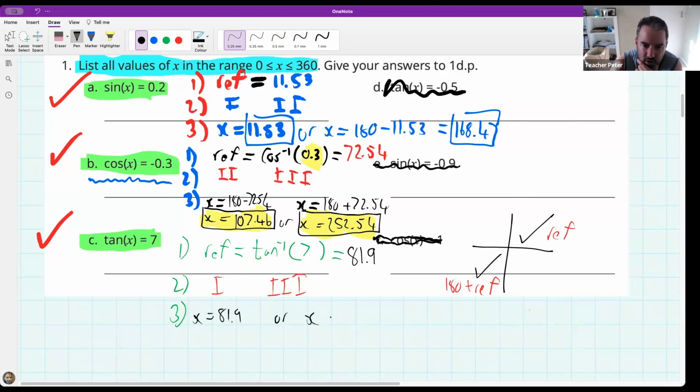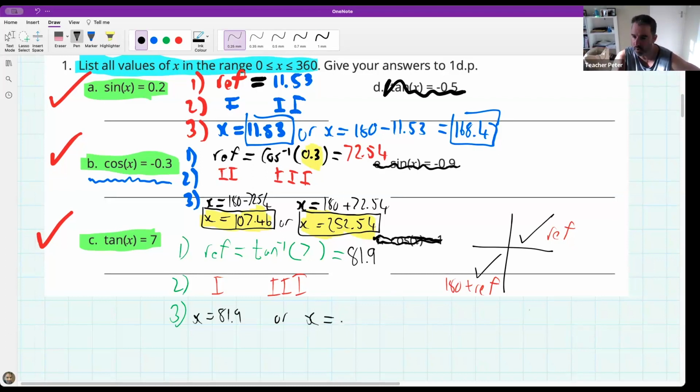But what about the second answer? Where is that going to be? I think it's just going to be 180 plus the 81.9 because it's in quadrant 3.